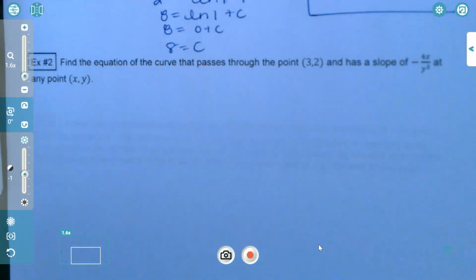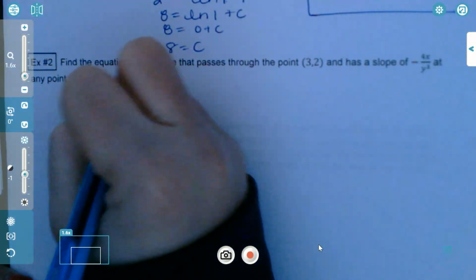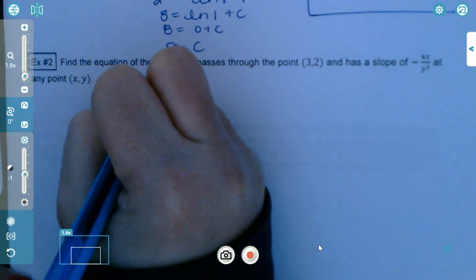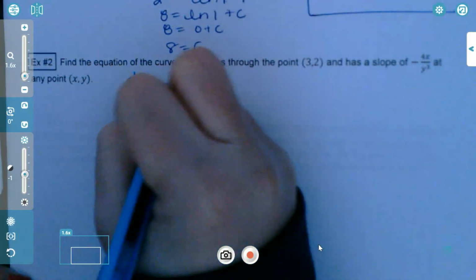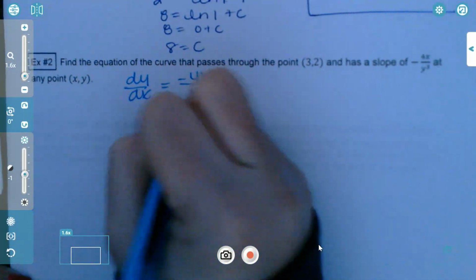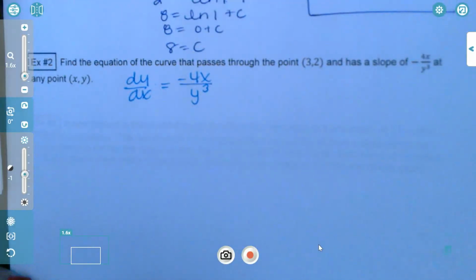All right, find the equation of the curve that passes through the point (3, 2) and has a slope of negative 4x over y cubed at any point (x, y). Okay, so go ahead and jump right in with your dy/dx. Okay, so we're good here.